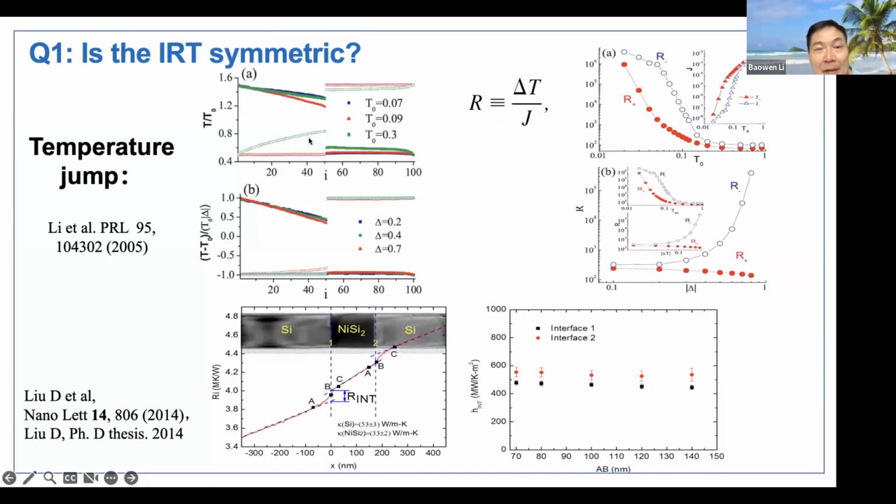So this is the numerical work, and previously we also measured the interfacial thermal resistance between silicon and nickel silicide, and the black one is from nickel silicide to silicon. So the difference is quite big, about 30%.